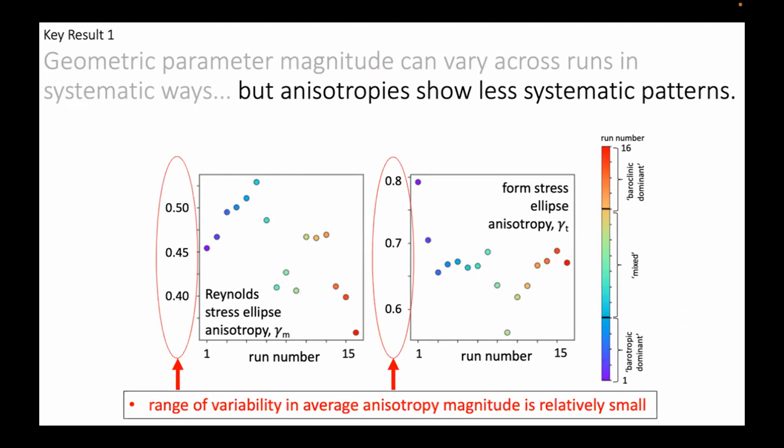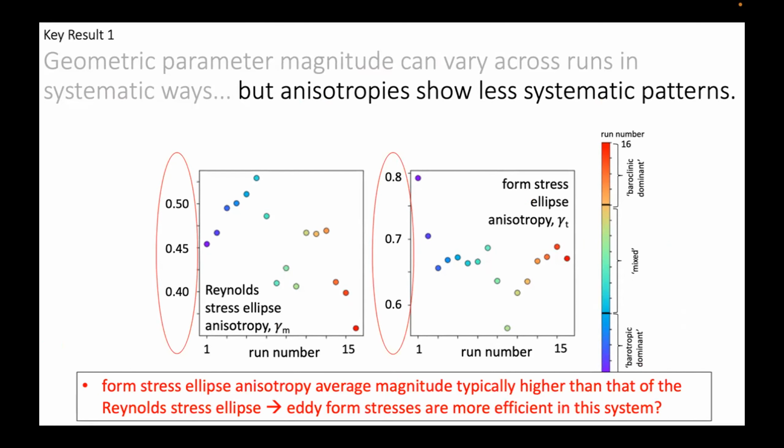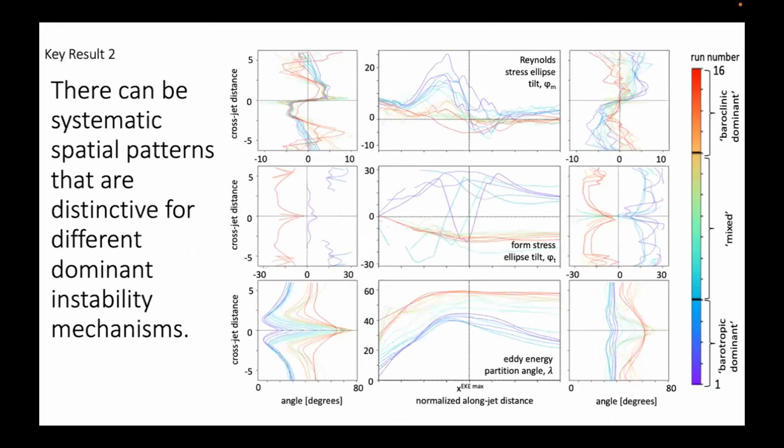And the range of variability in these average anisotropies is relatively small, okay? So that's interesting. It's also maybe interesting that the form stress ellipse anisotropy on average tends to be higher than the Reynolds stress anisotropy in these runs, which suggests that the eddy form stresses are more efficient than the Reynolds stresses in this setup. So that's kind of interesting too.